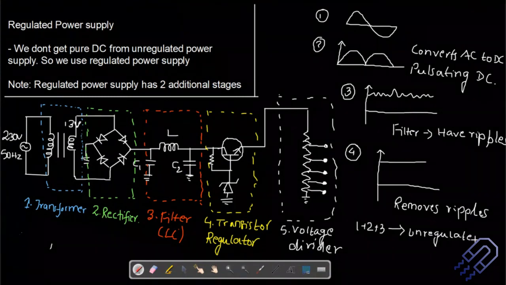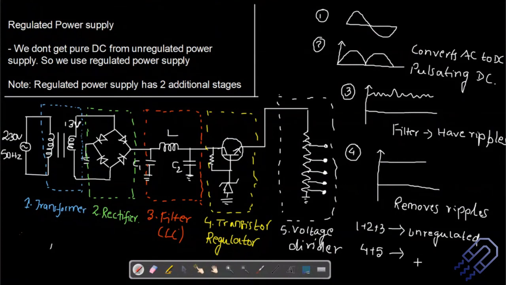Once we use the other component, we can use the voltage divider to take whatever output we need. So 4 plus 5 is added for regulated. Please don't write it down in this way. This is an easy way to write it down so that you can remember. Regulated.